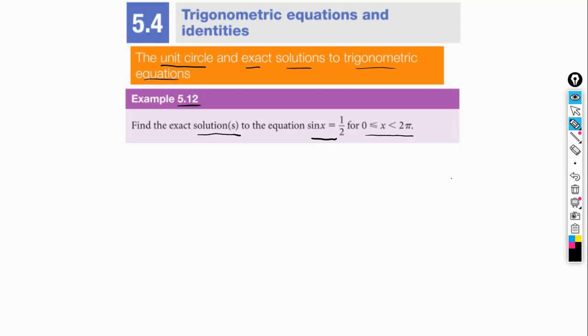So if we have that sine of x is equal to 1/2, we can reference the triangle that has 1 for the opposite of this angle here, 2 for the hypotenuse, and recall that square root of 3 for this other side.